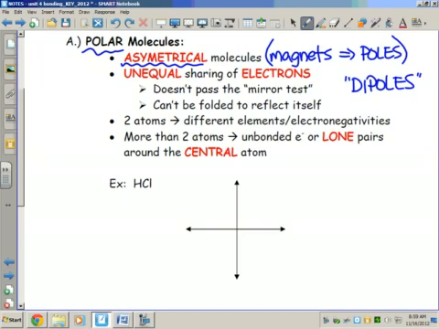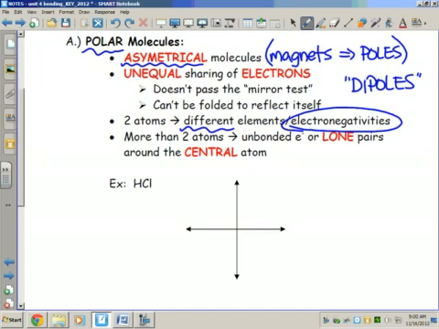And the dipoles result from an unequal sharing of electrons, like we said at the beginning, and that's based on different electronegativities. Atoms of 2 different elements will always have at least slightly different electronegativities, which means they have different desires to gain electrons, different pull on the electrons within the bond.